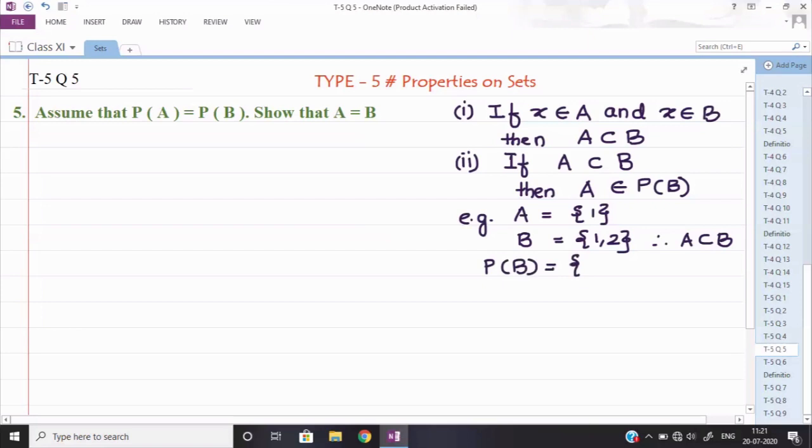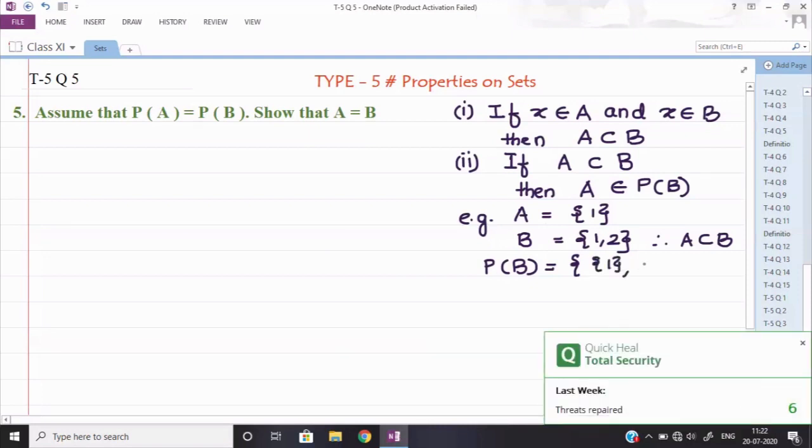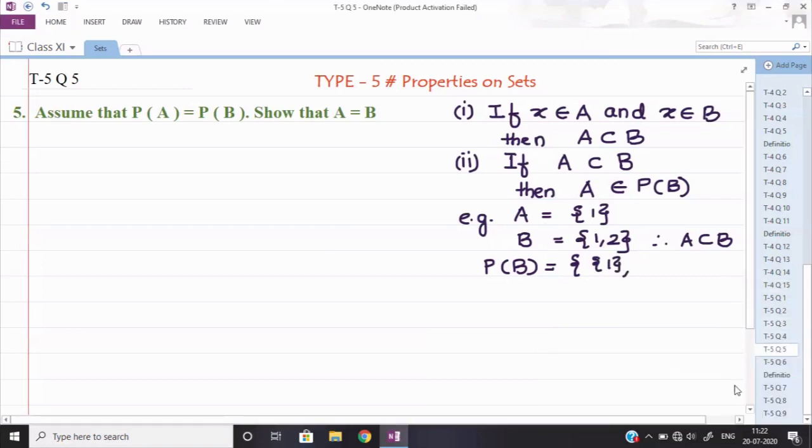For example, for the set B given here, I will make the collection of all the subsets of B. First it will come {1}, then {2}, then the third one as {1, 2}, because now I take both elements, and the last one is the empty set.